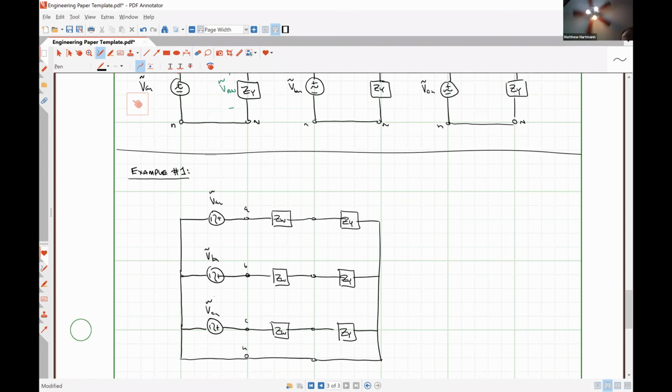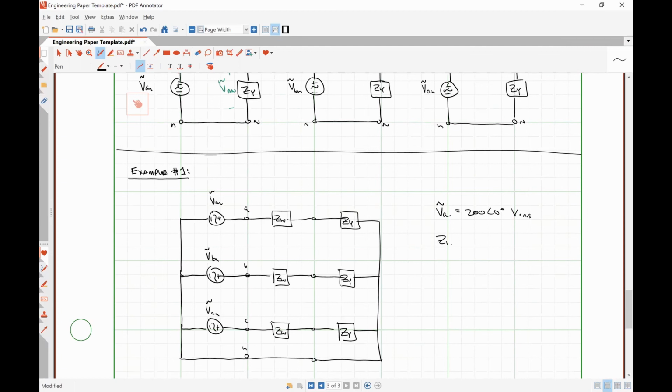And let's say that the information that we're given is that VAN is equal to 200 angle 0 degrees volts RMS.